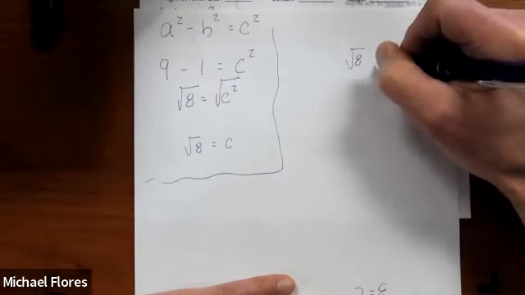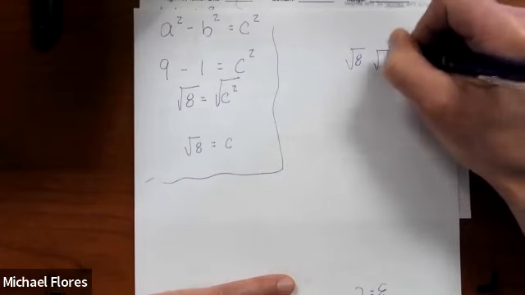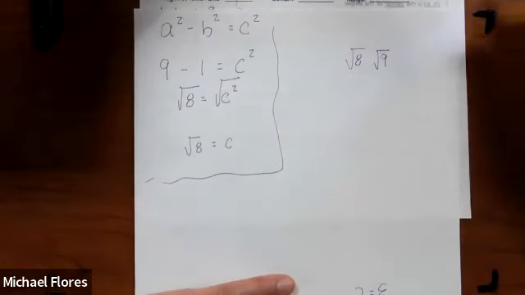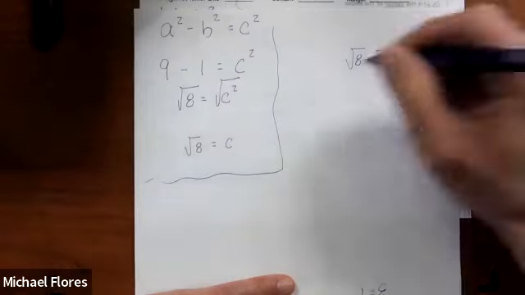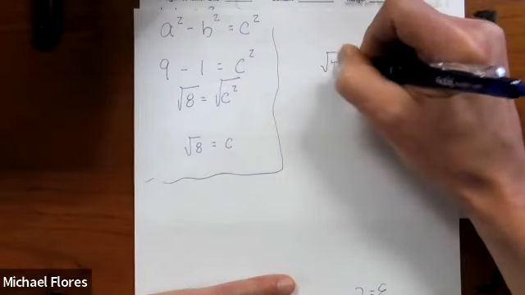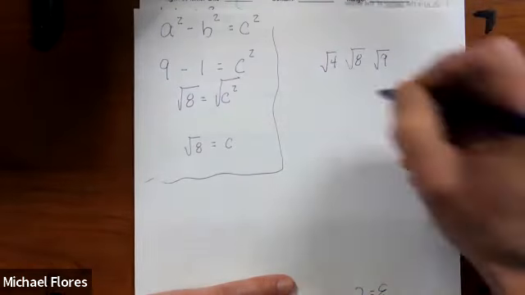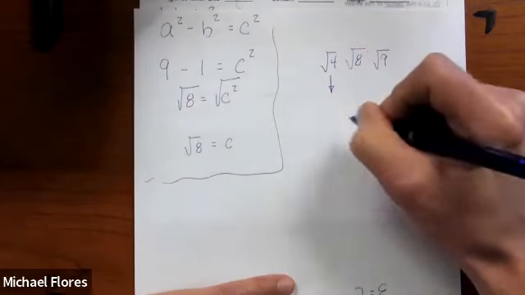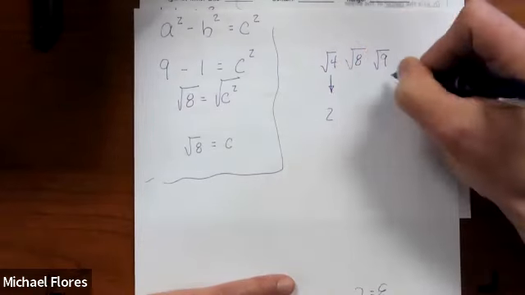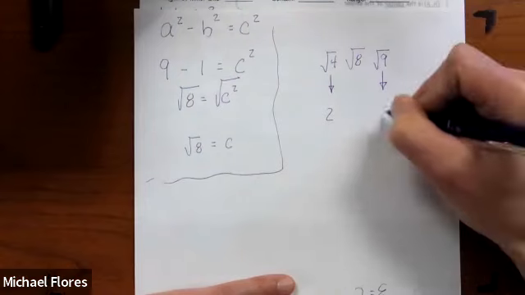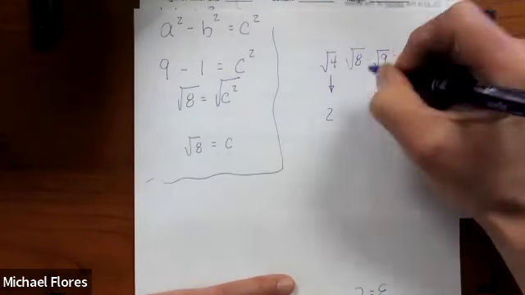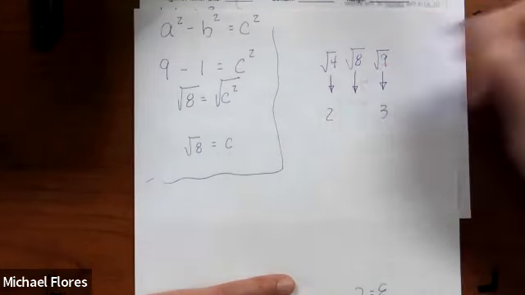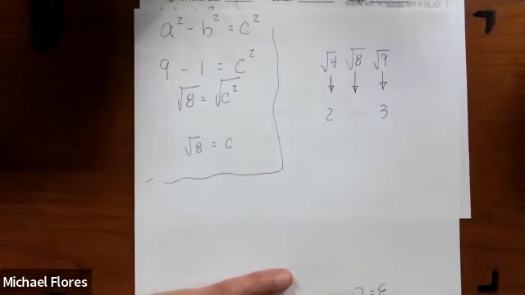The nearest perfect square after the square root of 8 is the square root of 9, and the nearest perfect square before the square root of 8 is the square root of 4. Now, I know what the square root of 4 is. That's 2. I know what the square root of 9 is. That's 3. Therefore, the square root of 8 must be somewhere in the middle, somewhere in between. Don't worry about getting it exact. Just put it in between 2 and 3 when you go to graph.